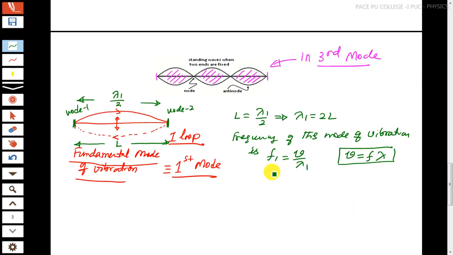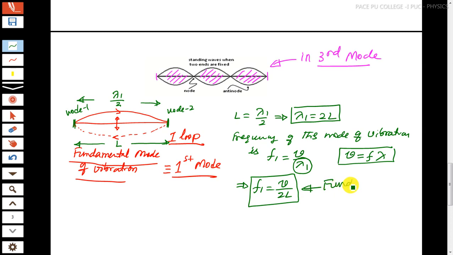Now, since lambda 1 is 2 times L, I can use lambda 1 equal to 2L in the denominator. So I get f1 equal to v divided by 2L. This is the expression for the fundamental frequency, f1, the first mode of vibration frequency.